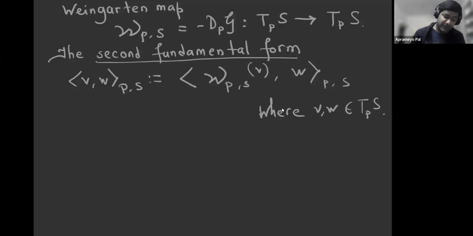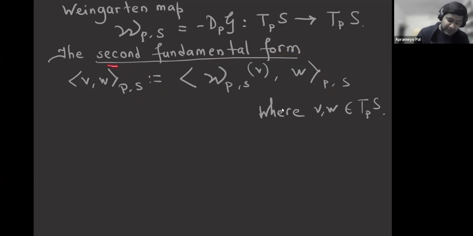One thing again, kind of a warning: you would see in the book also, this is defined as an inner product or a bilinear form. And here it's also an inner product. Now how do you define this? W_P S of V is an element in T_P S, and W is also an element of T_P S. Since this is a linear map, you already have a well-defined inner product. That's kind of obvious.